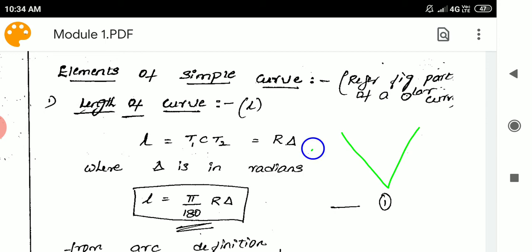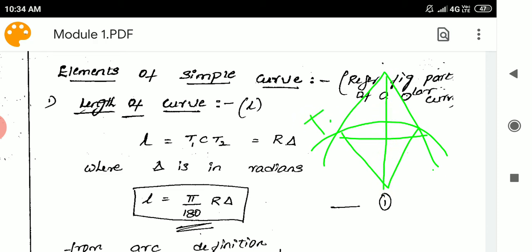So T1 C T2 is nothing but R into delta. Let us say L equals R delta, so it is in radians.